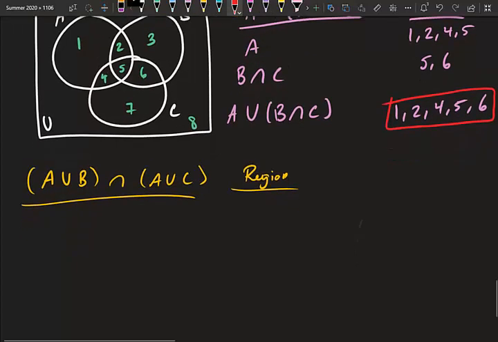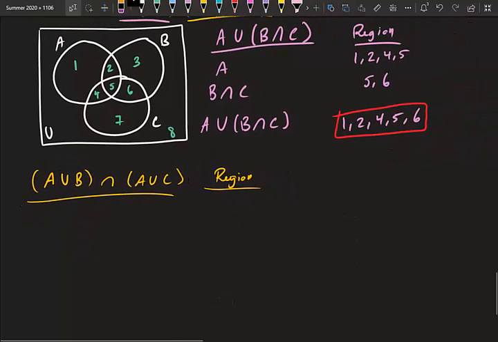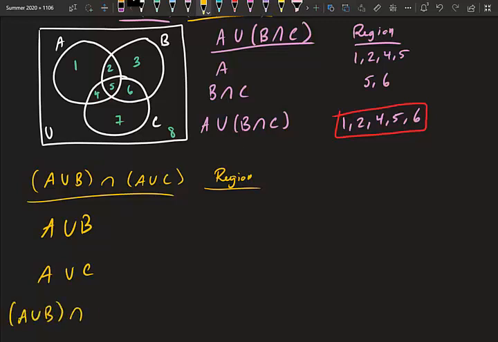All right, let's do it for our next batch of sets. So we're going to break this up into A union B, A union C, and then we're going to bring it all together. All right, so A union B, that means everything in A, everything in B. Put it together.